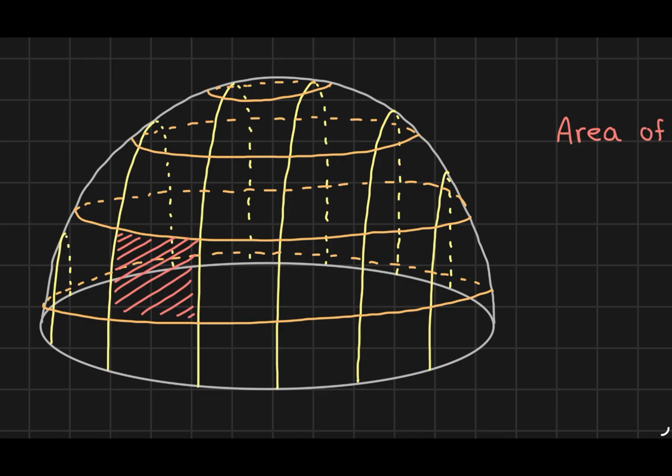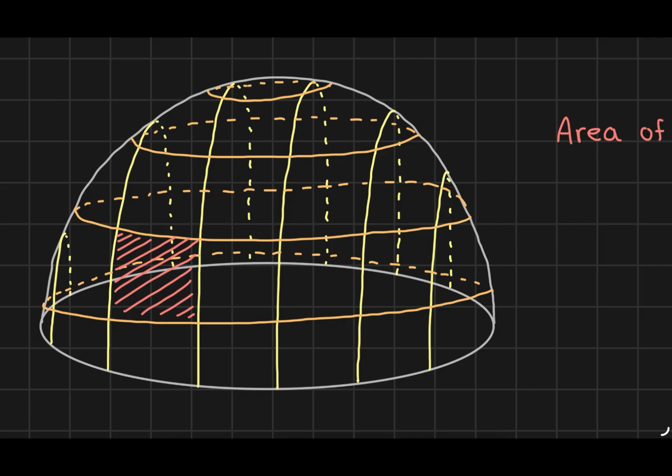So when we're doing this, we're going to have two partial derivatives, and this is what a partial derivative looks like on a surface. What these are doing is they're intersecting to make a bunch of parallelograms.